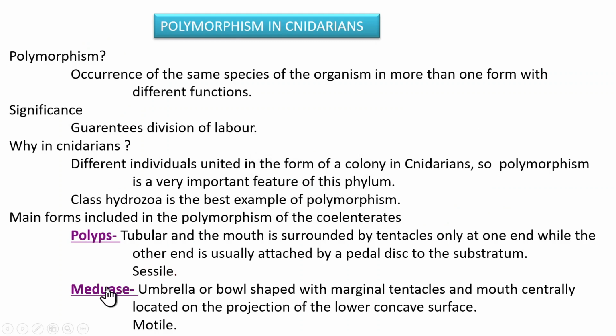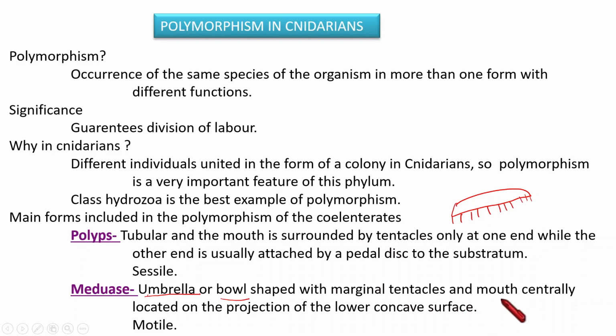Next we are going to see about Medusa. Its typical appearance is the shape of an umbrella or bowl. It also possesses marginal tentacles. Suppose this is the Medusa, we can see so many marginal tentacles along its margin.